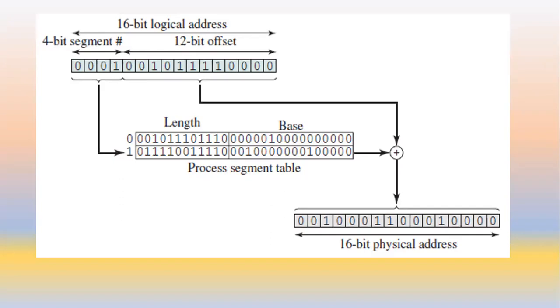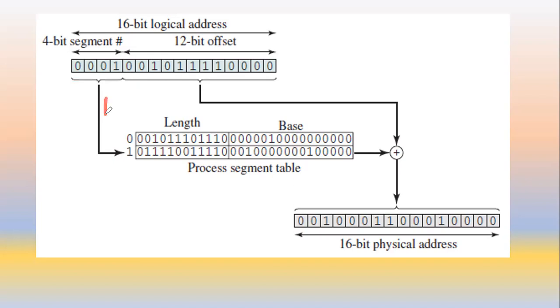To get the physical address, from the logical address we pick the 4-bit segment number, in this case 0001. Then we convert it to its decimal equivalent, which gives us a 1.